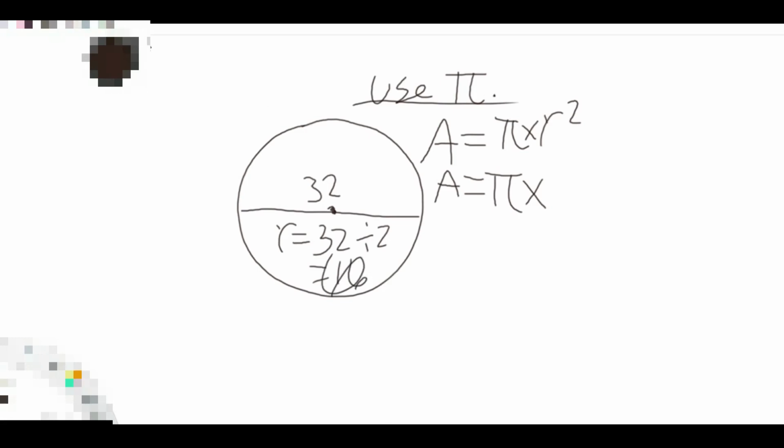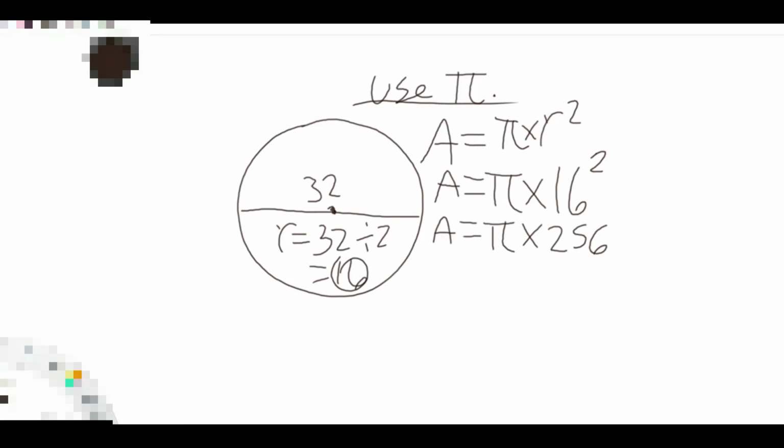Oh, let me redraw that circle. Okay, so you'll do 16 squared, and now area equals pi times 16 times 16, which is 256.